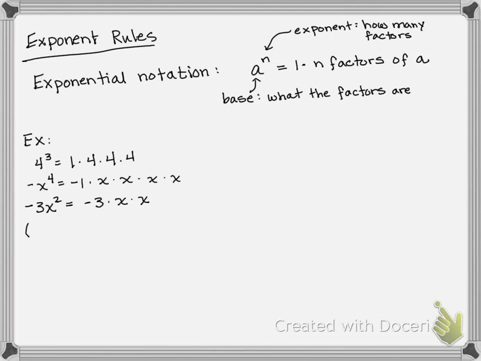Whereas if this is in parentheses, now my base, so in the previous example, my base of the exponential expression was x, right? So there were 2 factors of x. Now my base is negative 3x because I've grouped that in parentheses. That shows that that entire thing is my base. And so I have 2 factors of negative 3x. So negative 3x times negative 3x.